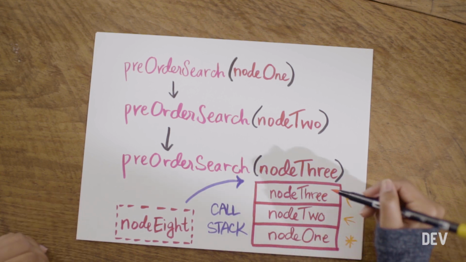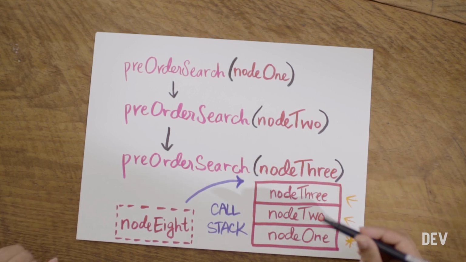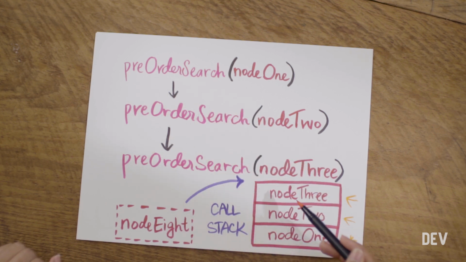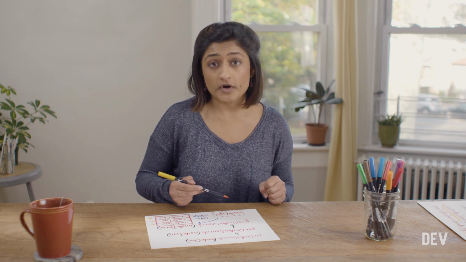As we add stack frames to our call stack, we'll notice that this is corresponding directly to the number of times we recursively call the pre-order search function. This means that as we work our way down the tree data structure until we hit a leaf node, each time that we call the pre-order search function recursively on a node, we're adding a stack frame to the call stack.